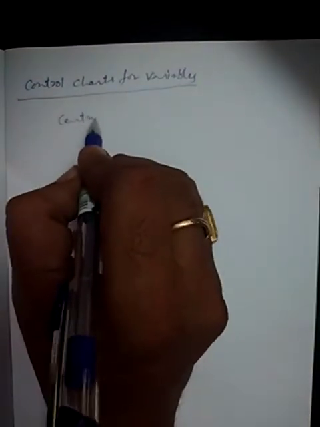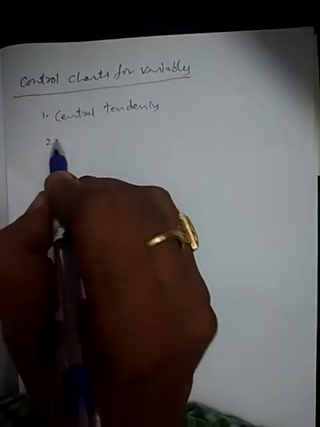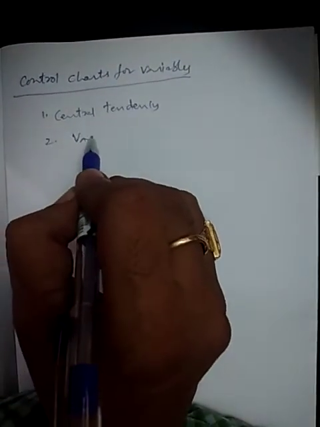What are control charts for variables? What is the definition? It depends on two particular measures. One, central tendency. Two, variability.